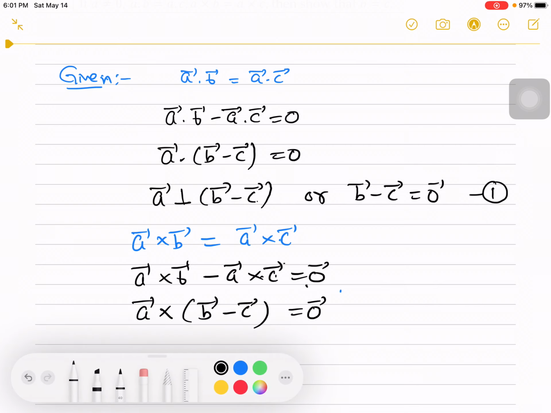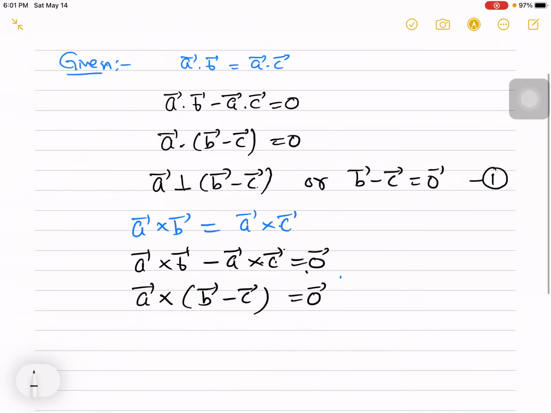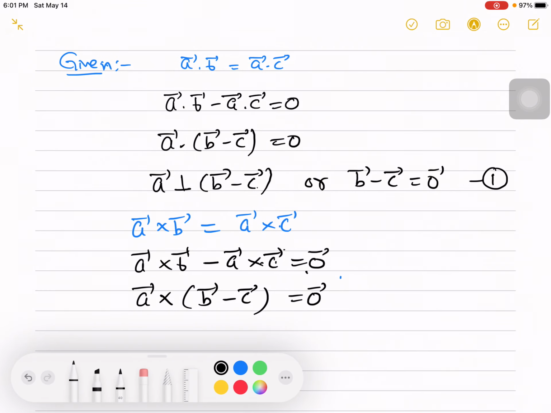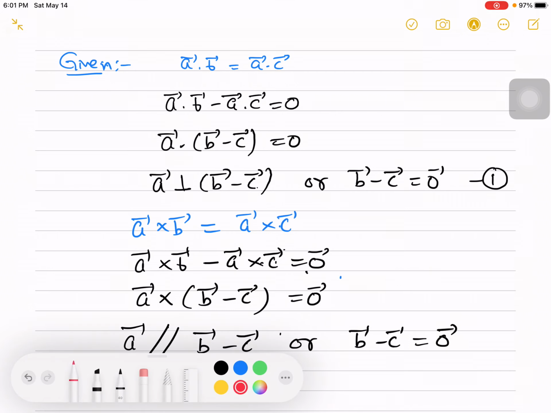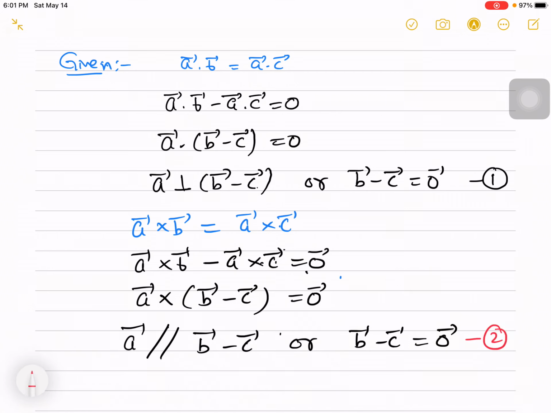If the cross product of two vectors is 0, it means either the vectors are parallel, or one of them is 0, or both are 0. So vector A is parallel to vector B minus vector C, or vector B minus vector C is equal to 0 vector, because vector A is not 0 is given. This is the second result.